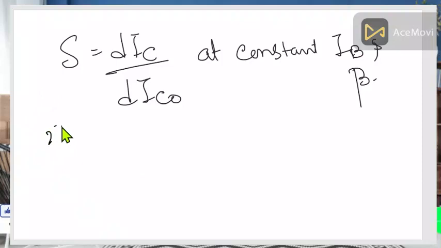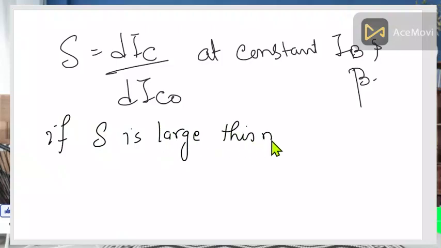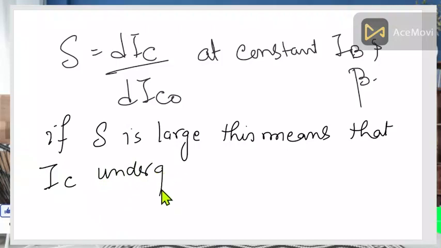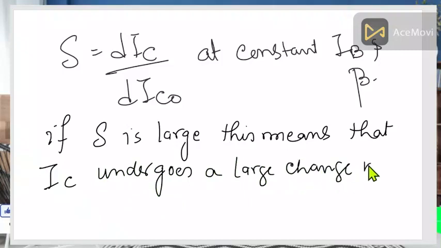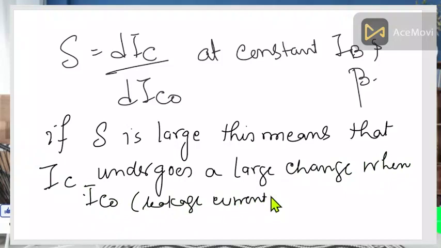So if S is large, this means that IC undergoes a large change when ICO, the leakage current or reverse saturation current, changes.